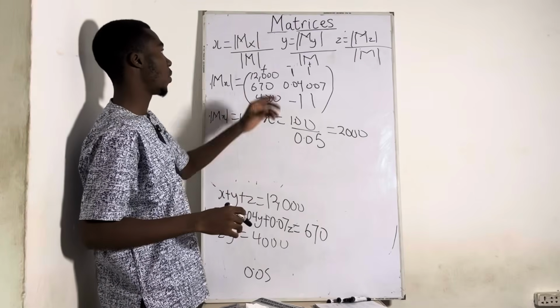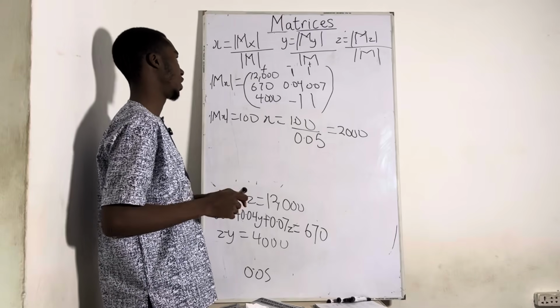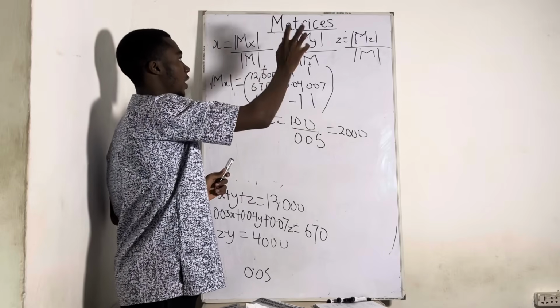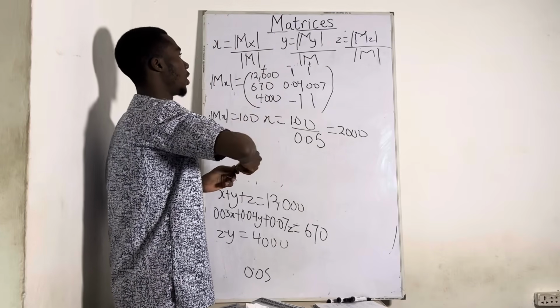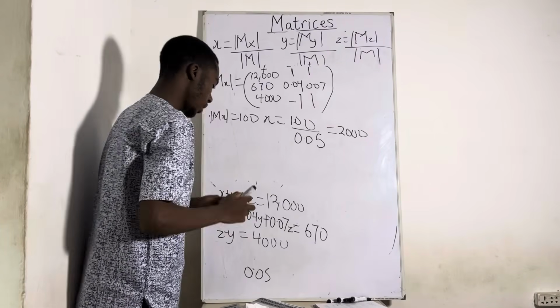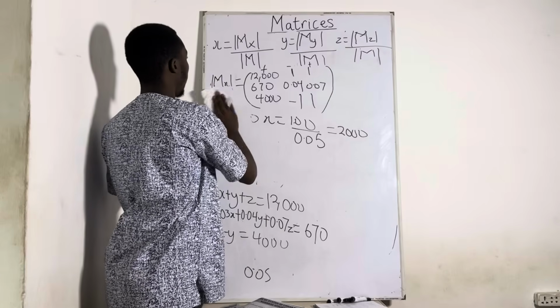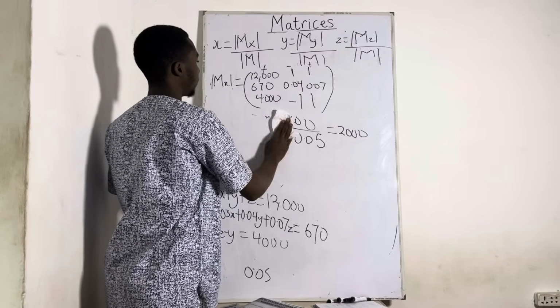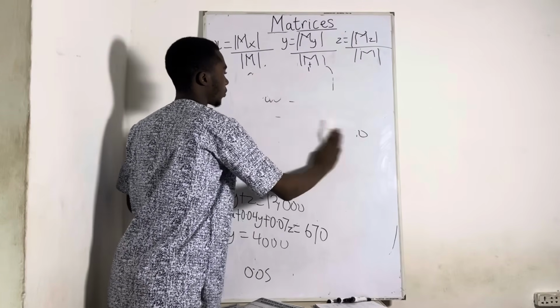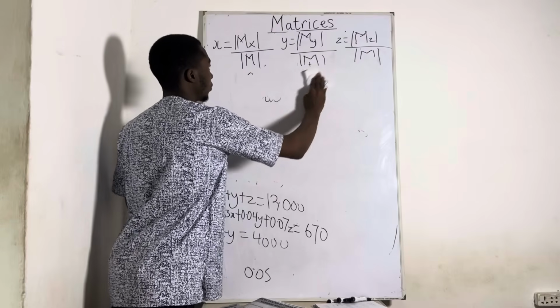So now we move on to the Y. Our Y was the municipal bonds. You get it? So for the Y, you're going to be the determinant of the matrix Y over the determinant of M. We already know our determinant of M. You get it? All right.